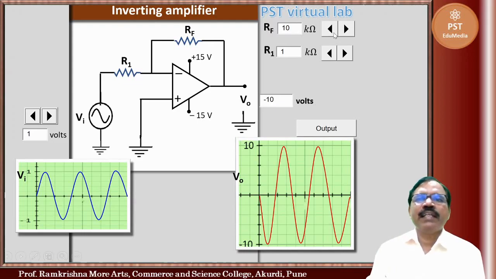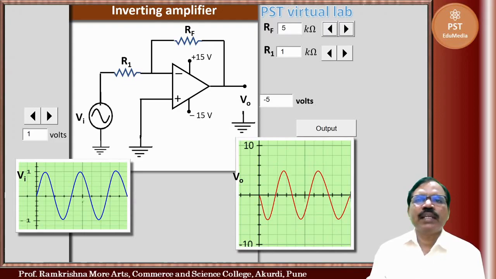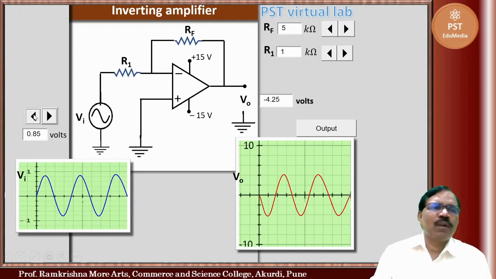Now if we set some other value, suppose we take 5 kilo ohm, then we can go from 0.